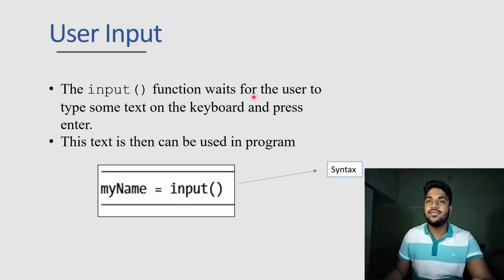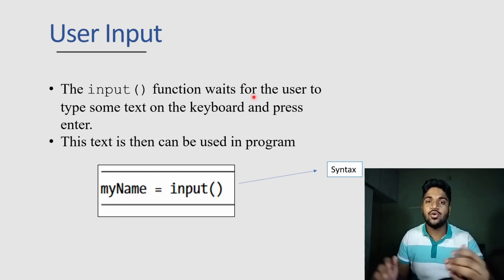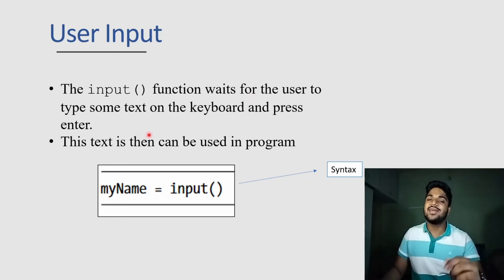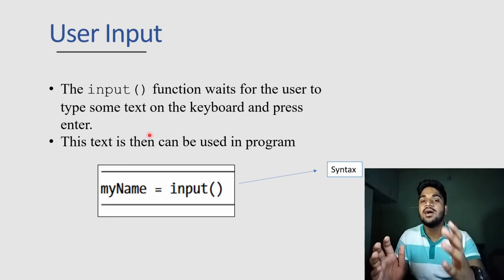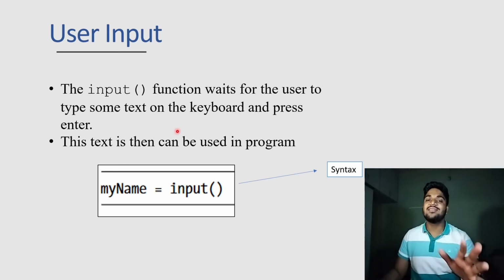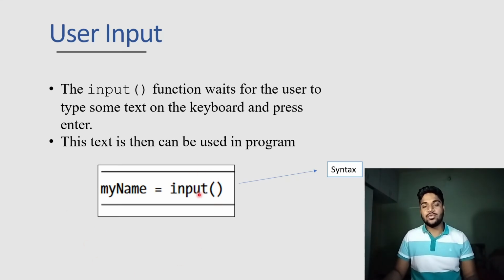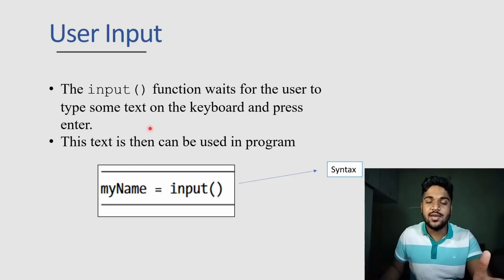The input function waits for the user to type some text on the keyboard and press enter. Unless we press enter, the program will not run further, and we can store that text inside a variable and use it in a function or in a program further. So this is the syntax of it. We can just give a variable name and use the input function and it will take the input. We already saw an example, so I don't think we should waste time on examples again.